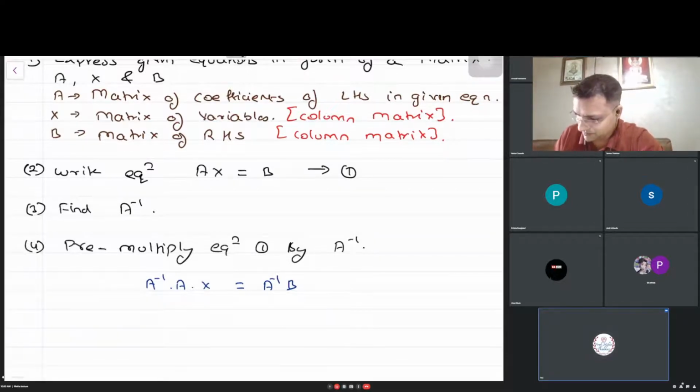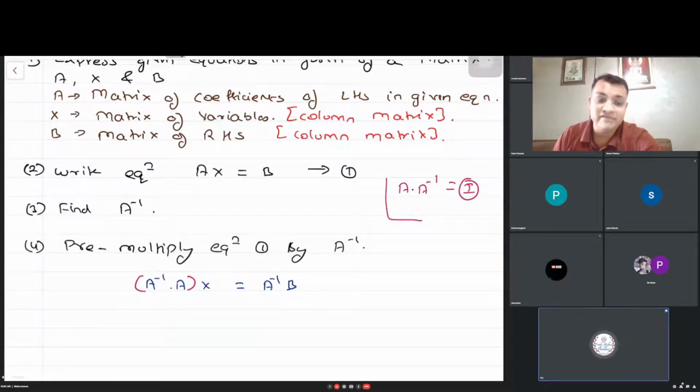Now, when we talk about A inverse into A, if you remember from the definition of A inverse, I had told you that A into A inverse is always equal to I, where I is an identity matrix.